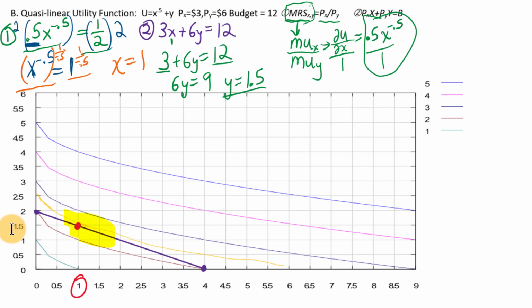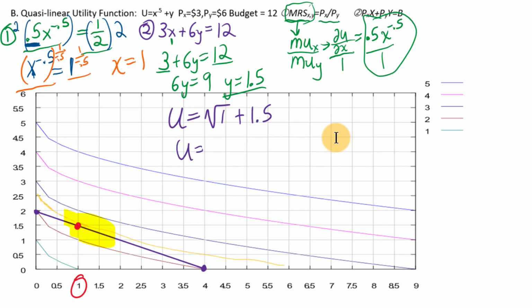Okay. So then the last thing we want to know is how much utility would we get? The graph is telling us that it should be more than 2, but less than 3. So let's see what we get here. Utility equals the square root of X, well, the square root of 1 is just 1, plus Y, 1.5.